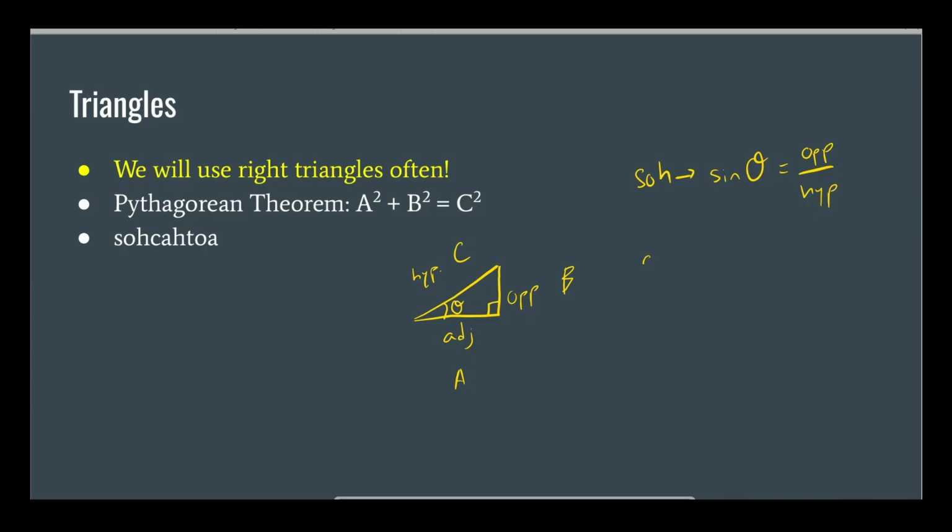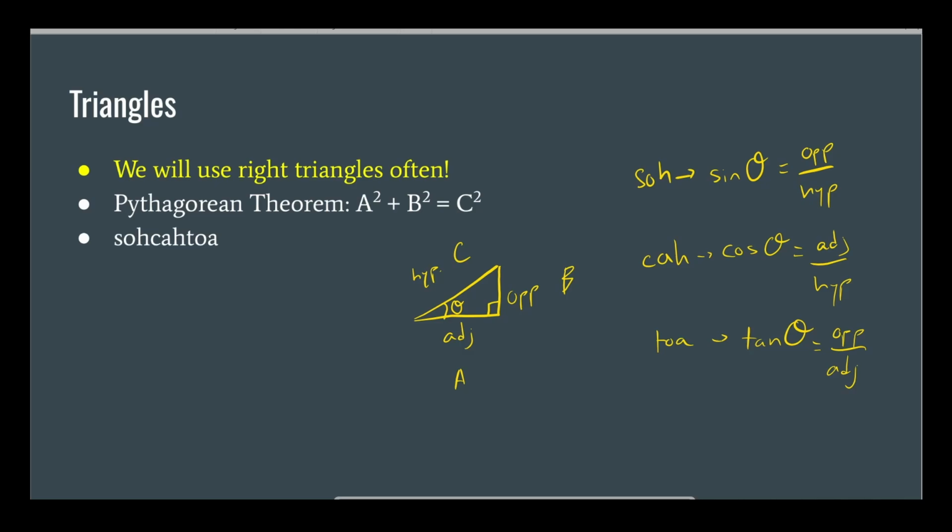And then cosine, or the CAH part: cosine theta is equal to the adjacent over the hypotenuse. And then TOA, which is tangent of theta, is equal to the opposite over adjacent. That would be pretty useful when we're dealing with some situations.